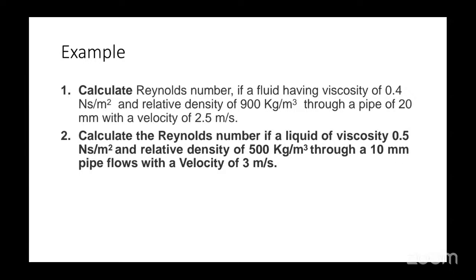The density is given as 900 kilogram per meter cube. The velocity is given as 2.5 meter per second. And the diameter is given as 20 millimeter.